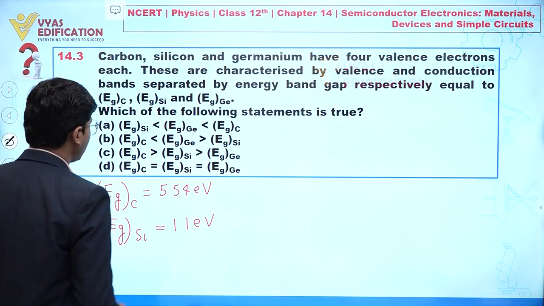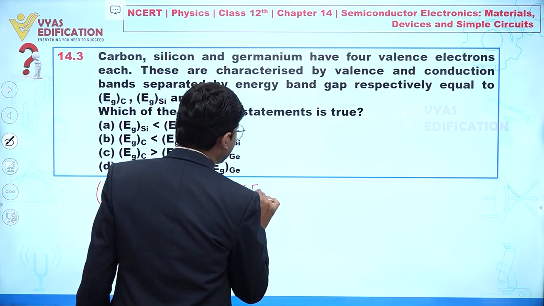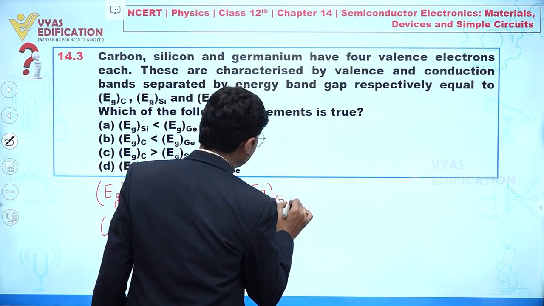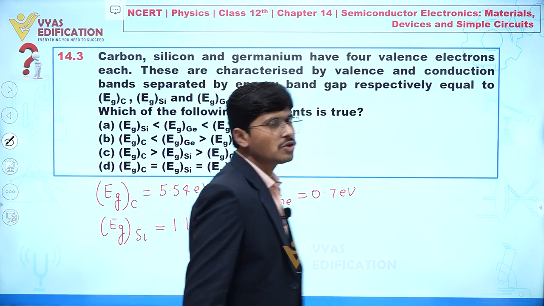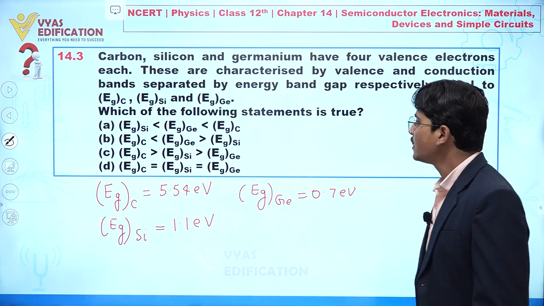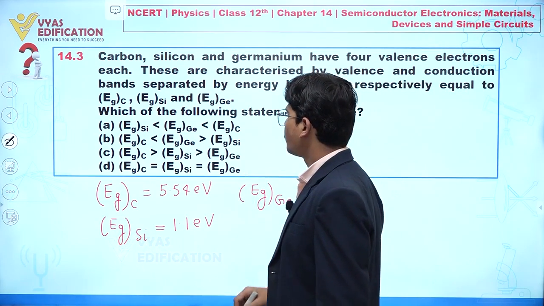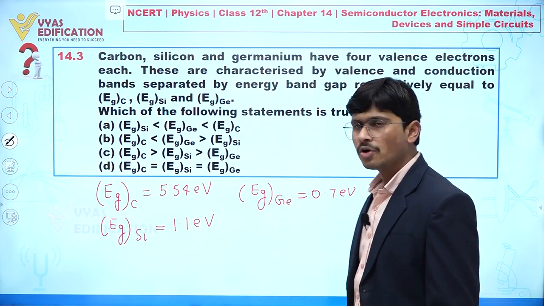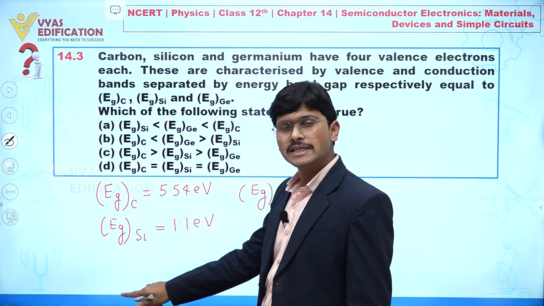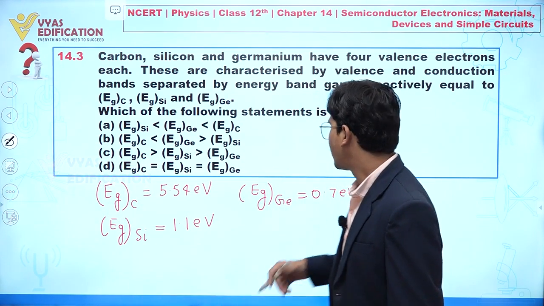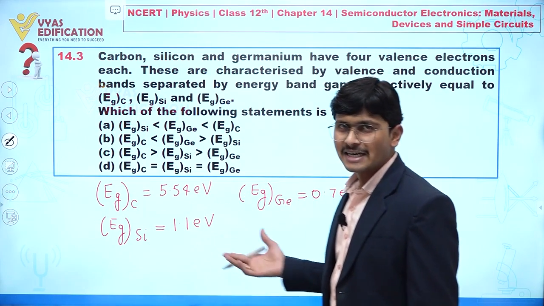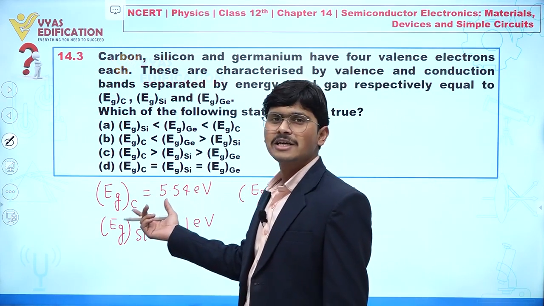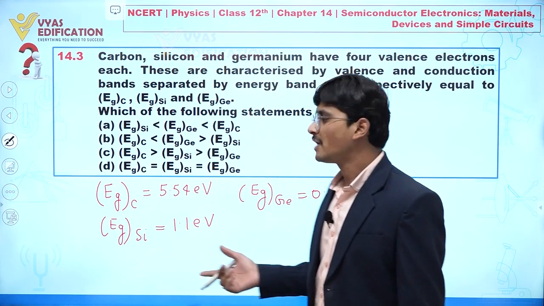And for germanium, you will find this is 0.7 electron volt. So from this data the energy gap in carbon is more than in silicon, which is more than in germanium. Clear? Now which one is greatest? The greatest is the energy gap of carbon and the least one is germanium.